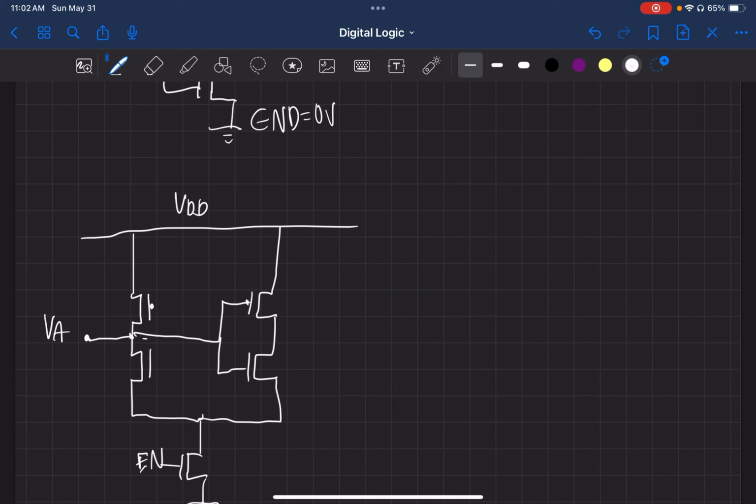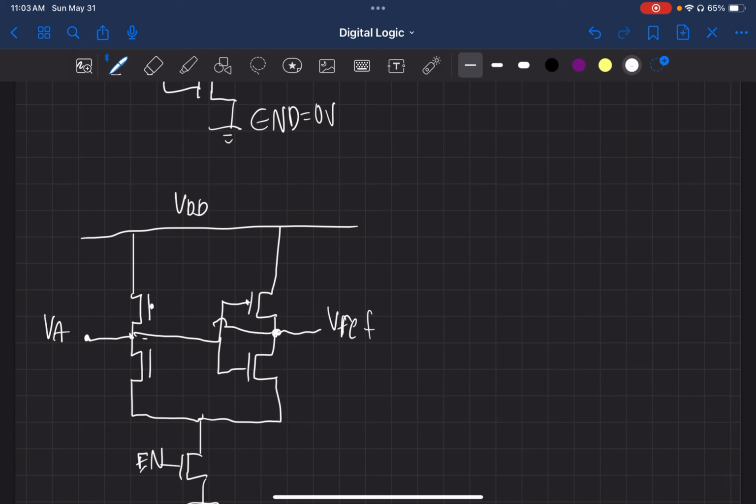Okay, fair enough. So let's deal with VREF. We're going to do the same thing, but in the opposite direction. So we're going to have it go to the output of this inverter that's being driven by VA.